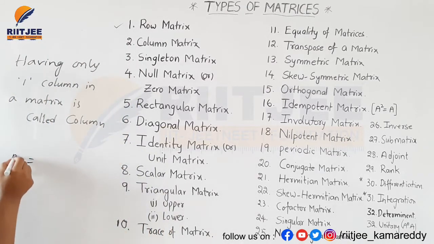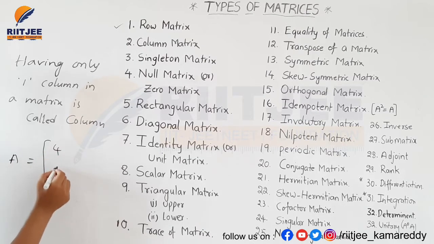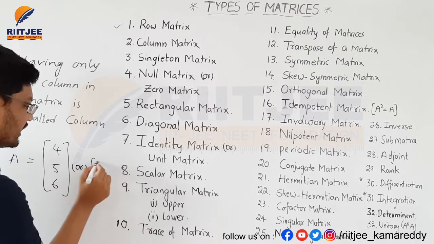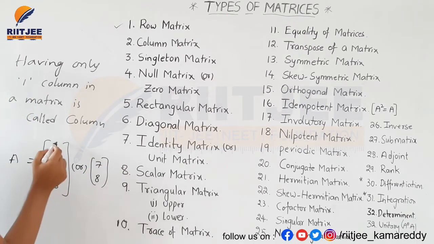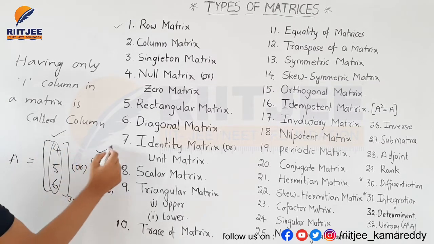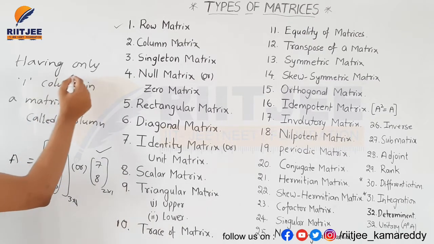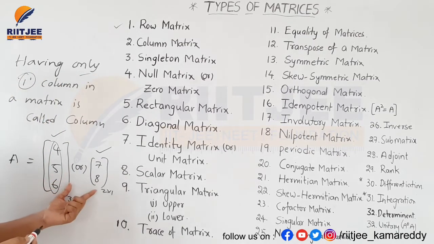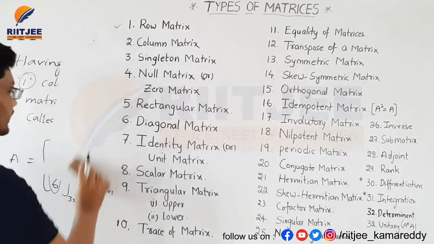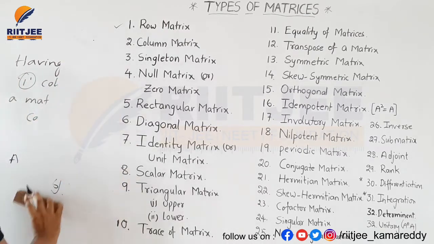For example, A is equal to, I am taking 4, 5, 6 or 7, 8. Here we have only one column and 3 rows. Here 2 rows, 1 column. This is nothing but an example of a column matrix. This is all about column matrix.